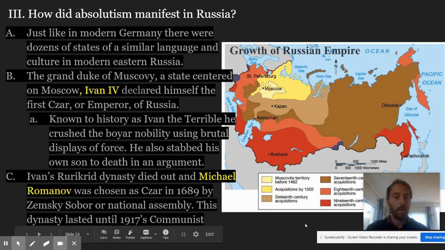The dynasty that replaces the original dynasty of Russia, the Rurikid dynasty, is the Romanov dynasty, and Michael Romanov is chosen as Tsar in 1689. And that's the last time the Russians vote on their monarch until they, I guess, vote with revolution in 1917's communist revolution during World War I.